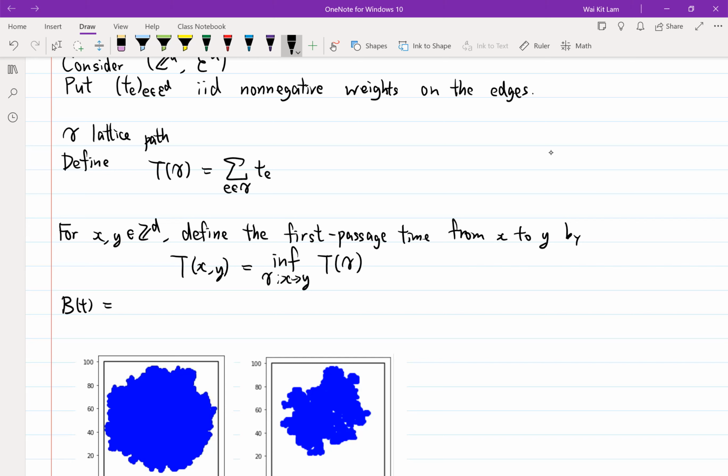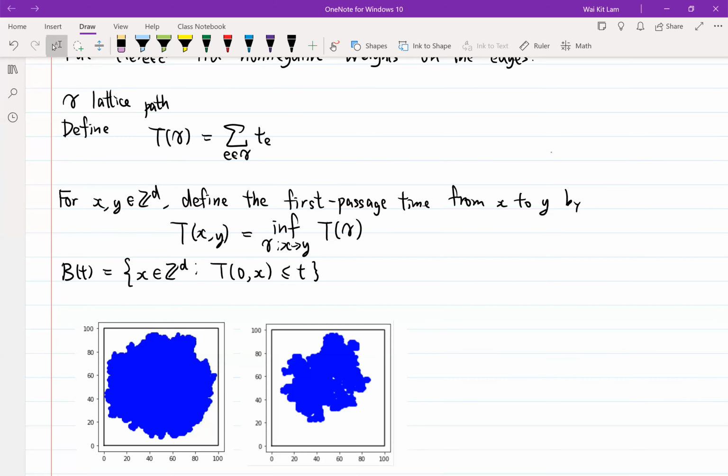We use B(t) to denote a closed ball with radius t, centered at the origin. So B(t) will be the set of all the points x in Z^d such that the passage time from 0 to x is at most t. So this is like the ball with radius t in this pseudo metric.